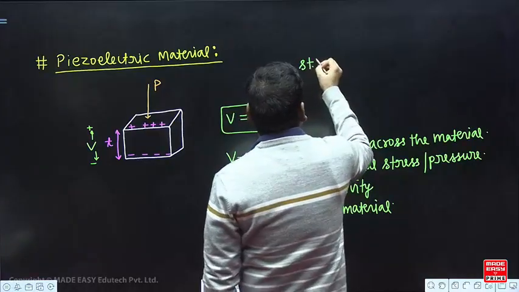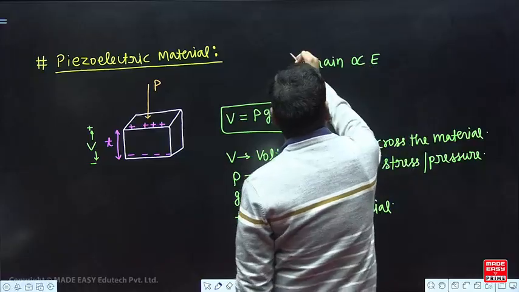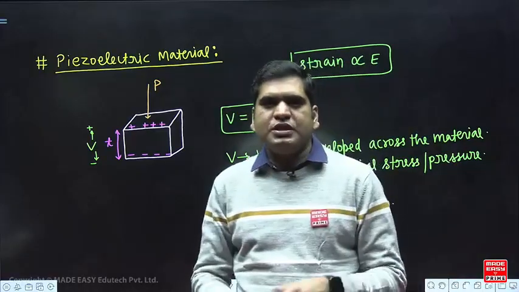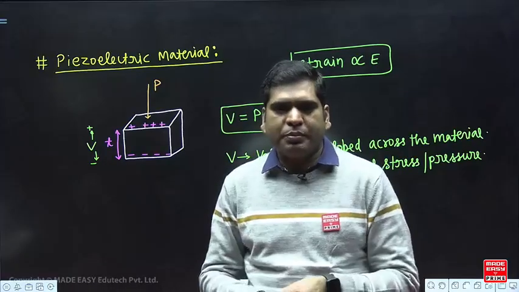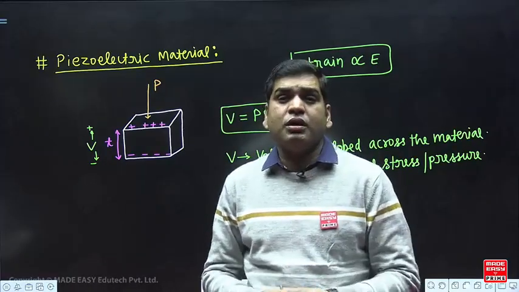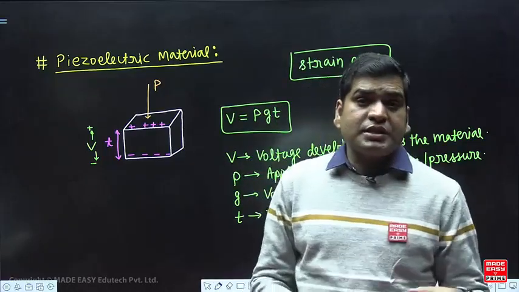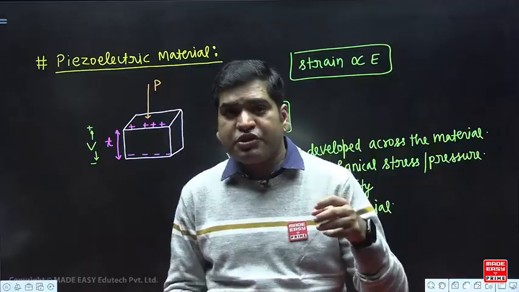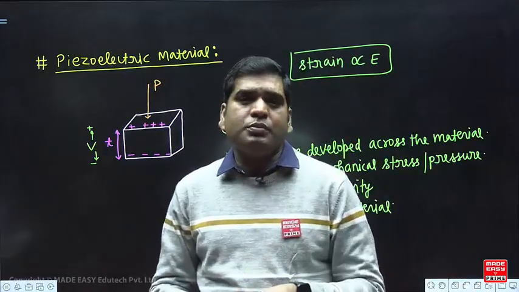So in these materials you can get change in dimension, that is strain, due to applied electric field. If you vary the electric field such that expansion contraction may take place, then you may get vibration from these materials. So these materials can give you, under the influence of an electric field, mechanical vibration, or under the influence of mechanical force, electrical voltage.